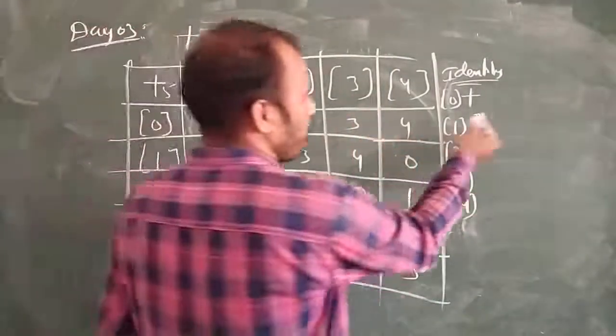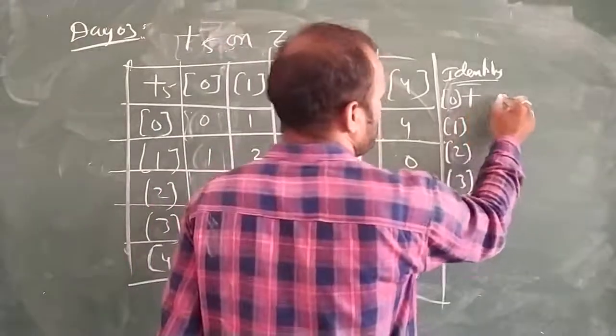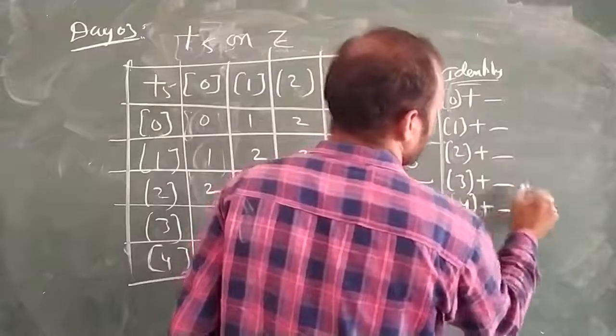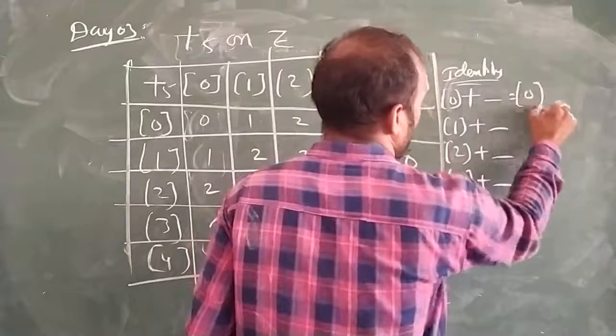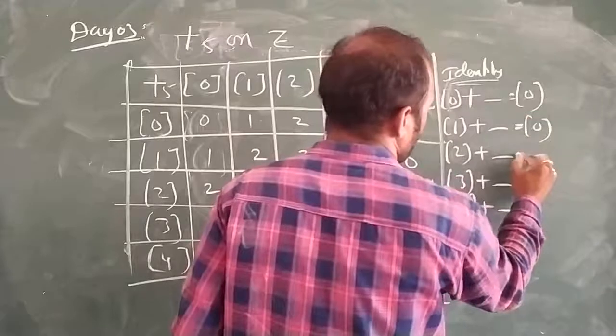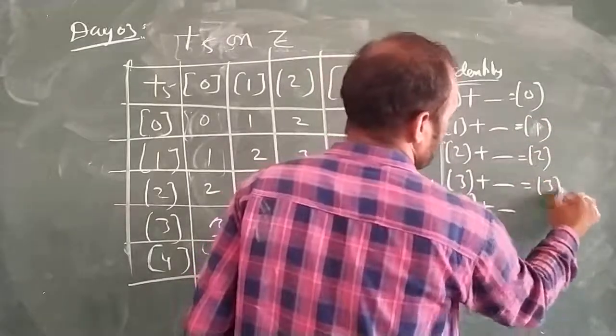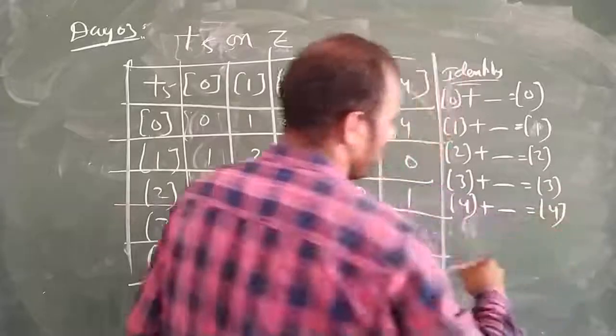If we are doing the addition, we have to get the same again: 0, here also 0, here 1, here 2, here 3, here 4.